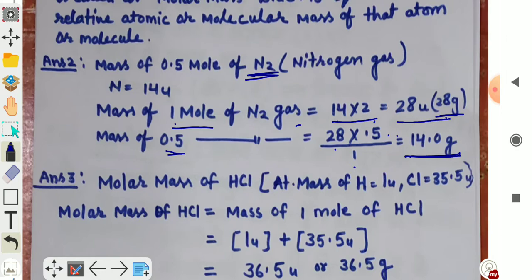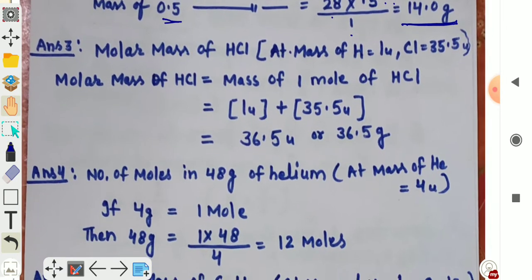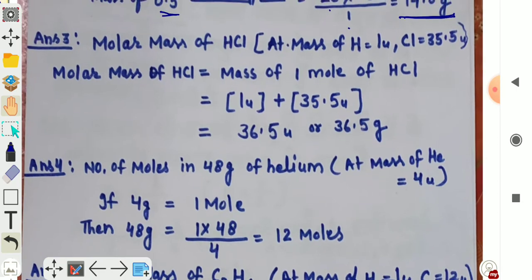This is your answer. Question number 3, molar mass of HCl. You have to find out the molar mass of HCl. So how will you find it out? We will find it out by calculating the molecular mass of HCl. The molecular mass of HCl will be calculated by adding the mass of hydrogen and chlorine.